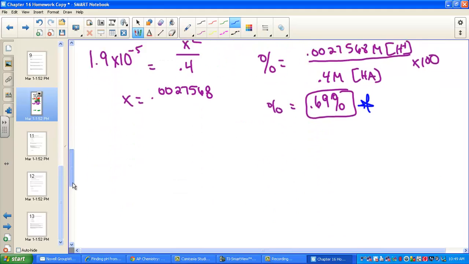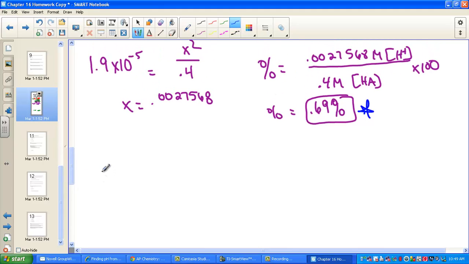Now, does that math continue? All right, so let's see this. If indeed we had 1.9 times 10 to the negative fifth was Ka, set equal to X squared, but now notice for part B, the concentration has changed. Part A we did 0.4 molar. Down here we have 0.1 molar, the original concentration.